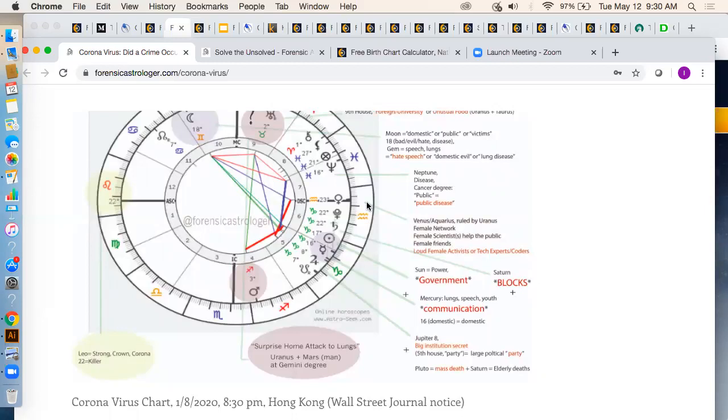The descendant is in Aquarius, and the 7th house has Venus right there on the angle. This makes Venus one of the most, if not the most powerful planet in this chart. Venus, at the Aquarius degree, may represent females who shock, who interrupt or invent, or anything Uranus related, since Uranus rules Aquarius.